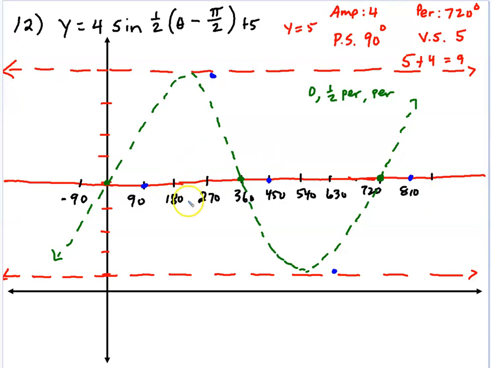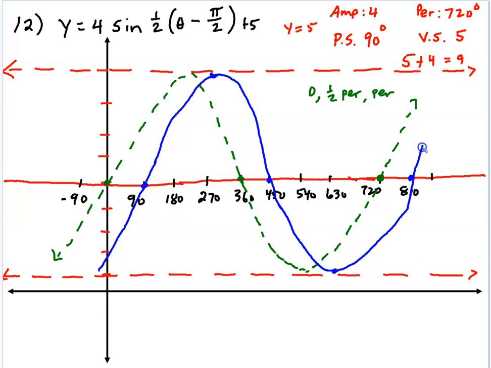Okay. So when the graph shifts accordingly, I'll try to trace this out in blue for my final answer. So it hits up here, back down through 450, 631, and then back up to 810, and then we'll say that that's it.